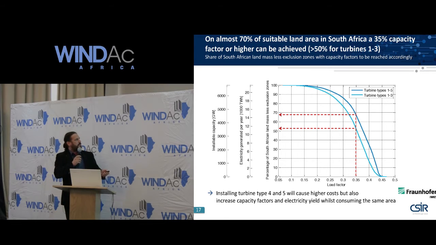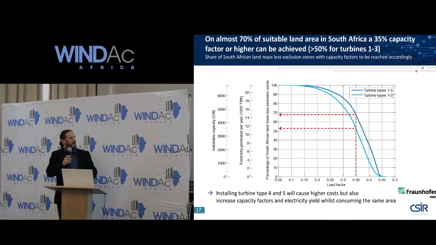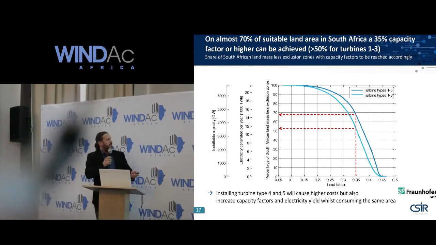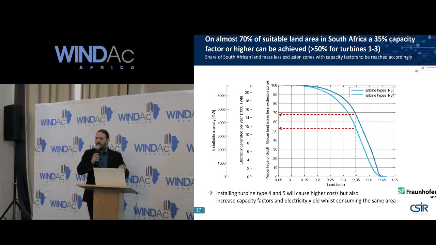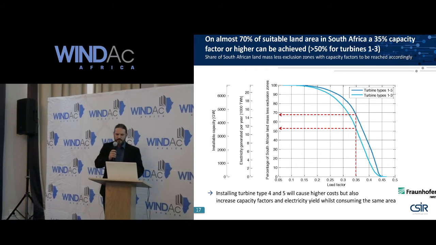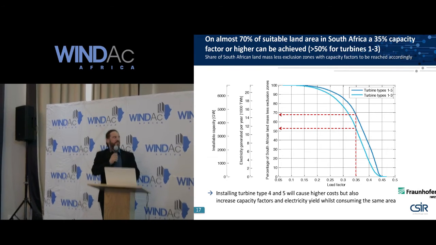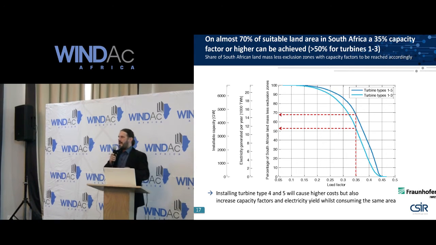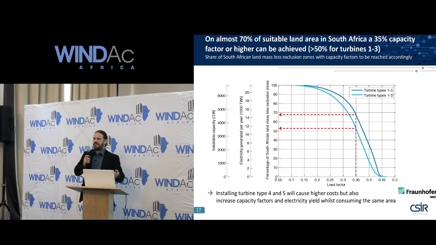You see it's a tremendous share of the land mass which can be used for wind installation. It is about half of the land mass of South Africa with excellent resources, some thousands of gigawatts, which may be installed in South Africa, but there's no need for doing that. So regarding costs and space, there's no problem for renewable system planning in South Africa.